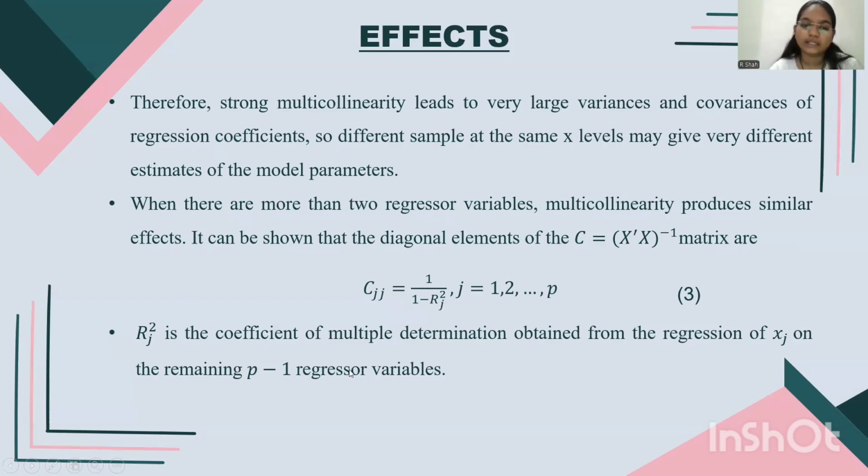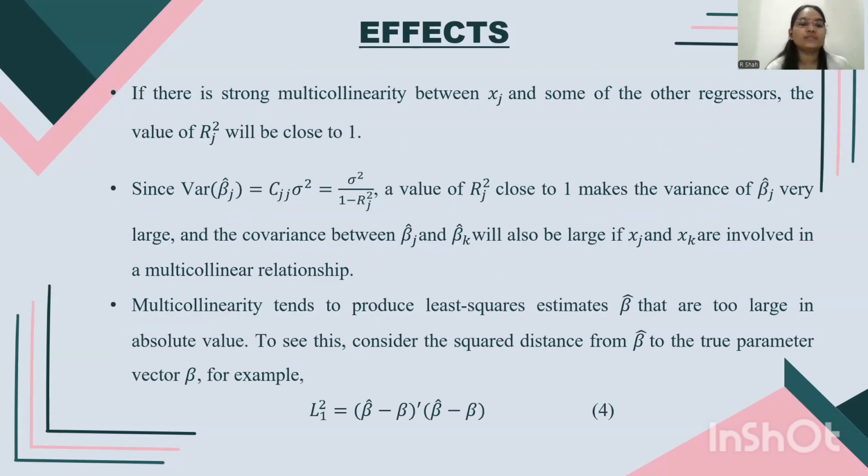Rj square is basically the coefficient of multiple determination obtained from regression of Xj on the remaining p minus 1 regression variables. If there is strong multicollinearity between xj and some of the other regressors, the value of Rj square will be close to 1.